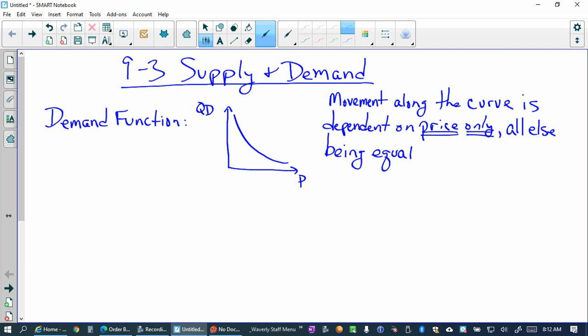And there's a term for all else being equal in economics, if you ever study it. It's a Latin term, known as ceteris paribus. Ceteris paribus is Latin for all else being equal.